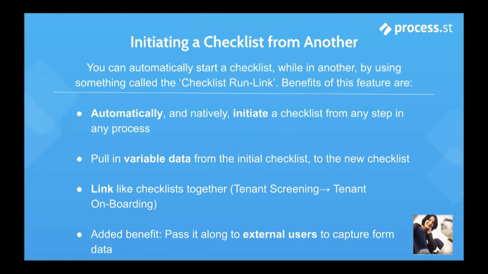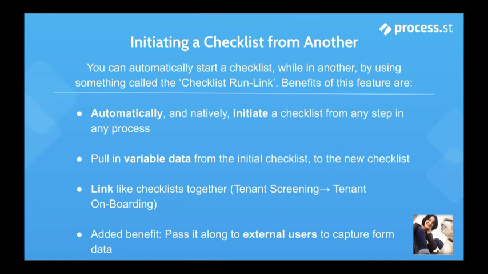What's also cool is you save time from duplicate effort and double entry because you can pull in variable data. So you can pull in tenant name, property address, move in, move out date, any data that you collect in your initial checklist, you can have that move right over into the second checklist without copy pasting a thing. It all happens automatically.